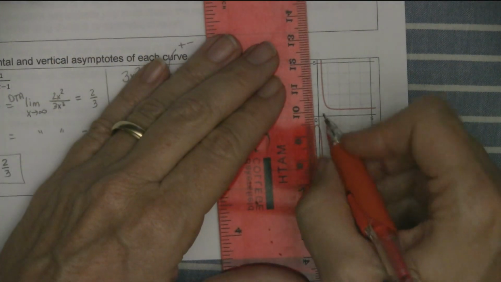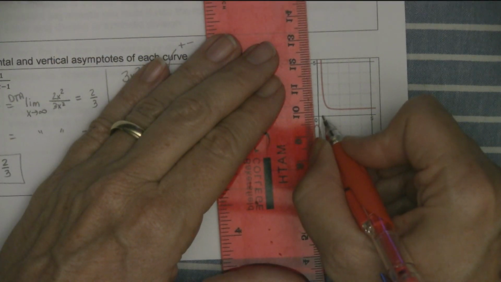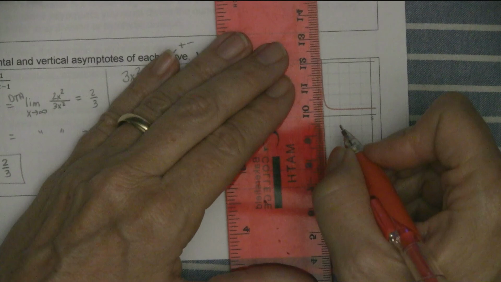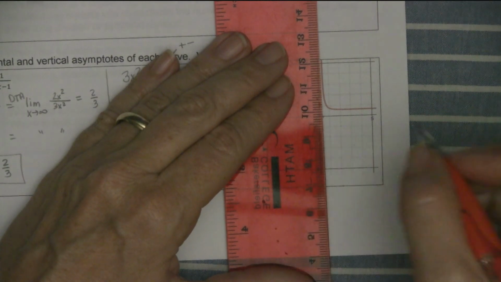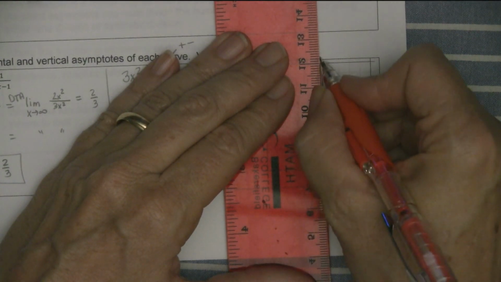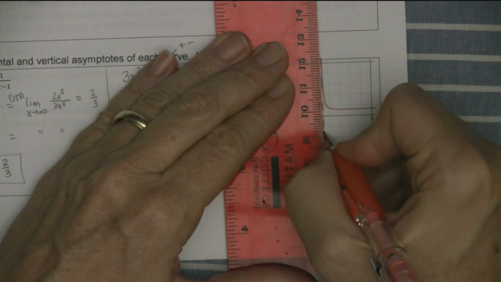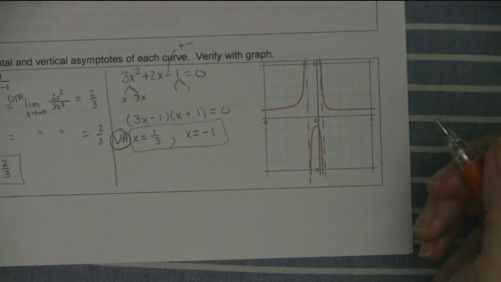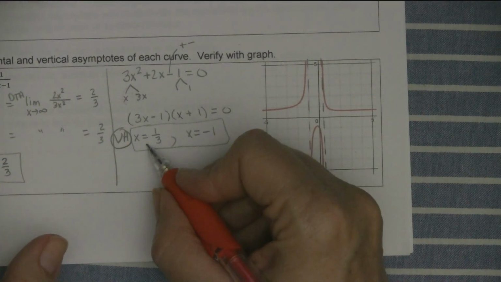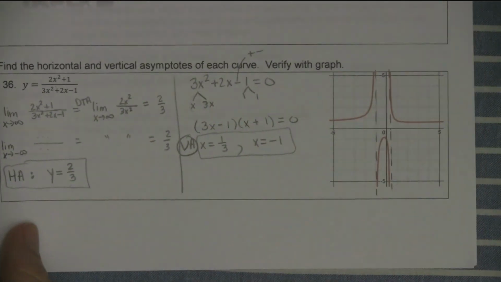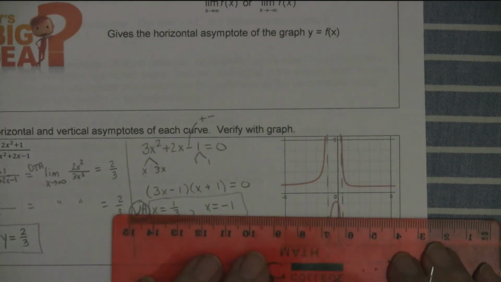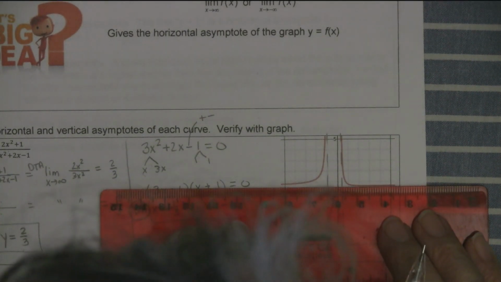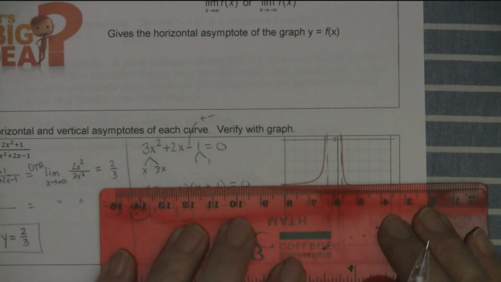And I'm here at 1/3, so 1/3 is precisely right there, and I know I'm the most accurate grapher in the Bakersfield College math department. People, we have contests, you know. And so I graphed the vertical asymptotes. Now I'm going to graph the horizontal asymptote. It's y equals 2/3. So that's a horizontal line right here, precisely here.